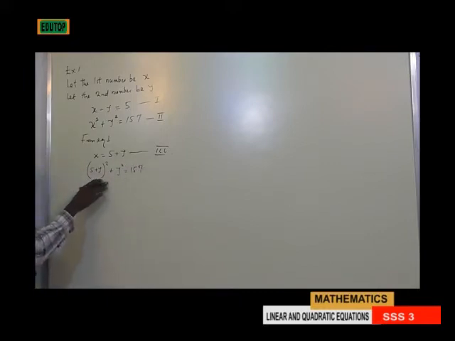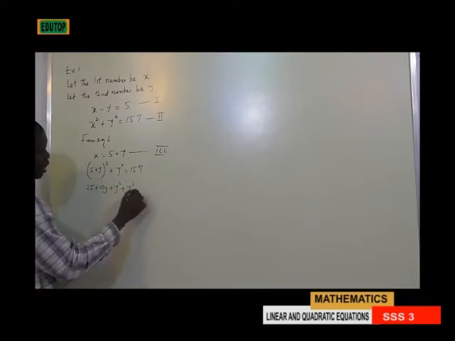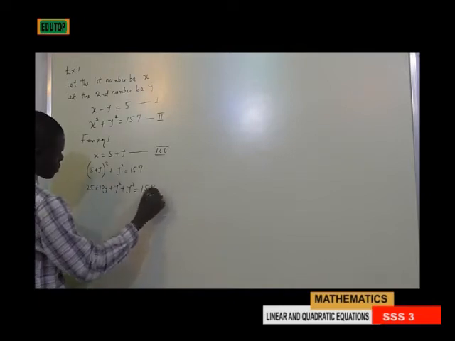If I expand this by the short method, putting this on this, that becomes 5 squared, that is 25. Use this to multiply this, 10 times this, plus 10y. Then use this on this, it becomes y squared, plus the y squared that is already here, then 157.